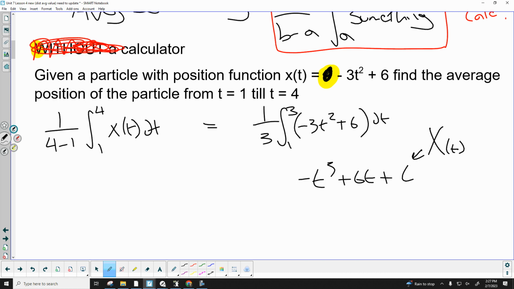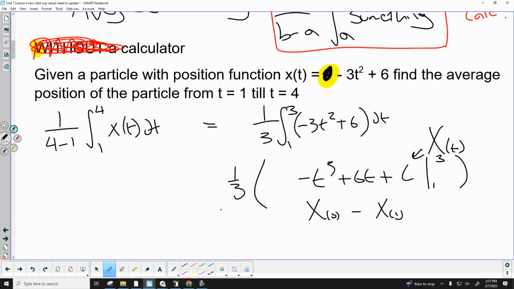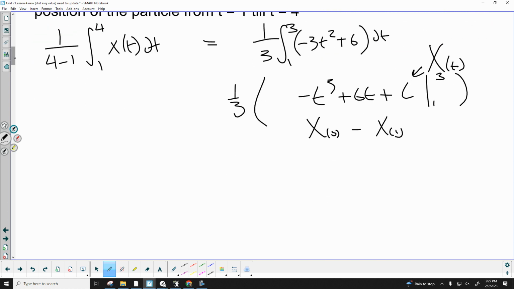To find an area, I'll take an antiderivative. Thank you, Mr. Newton. I take an antiderivative, and I will plug in 1 and 3 into it to get the big X of 3 minus the big X of 1. The average rate of change of big X gives us the average regular X. That's confusing. So we don't worry about that anymore.